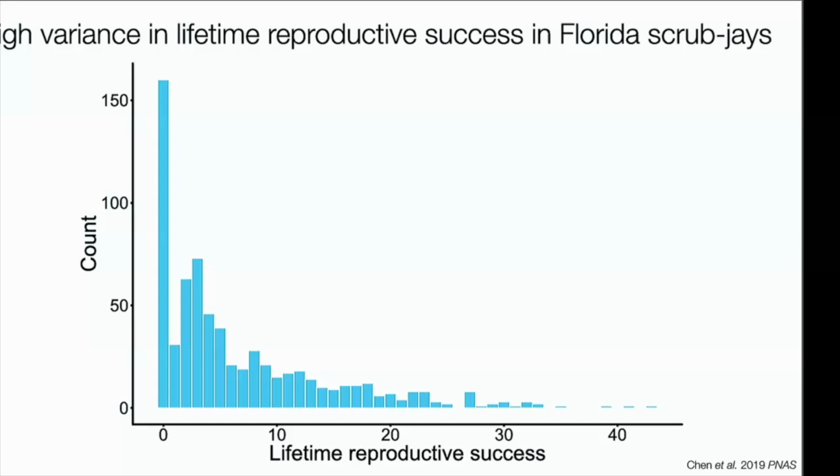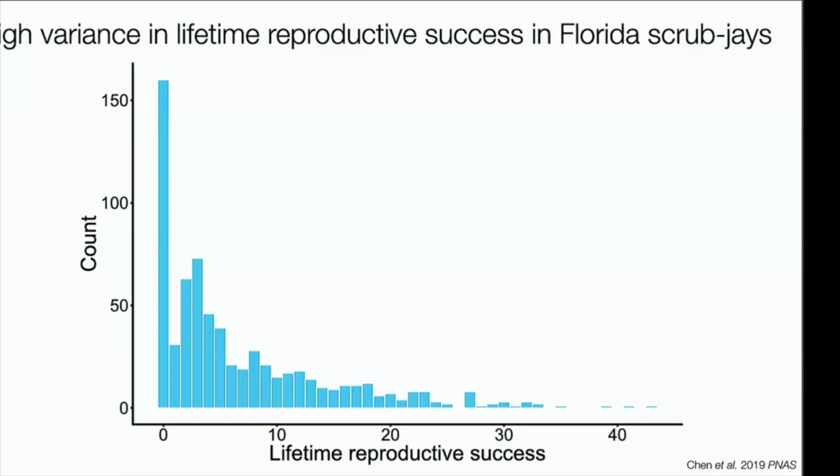Here I'm showing lifetime reproductive success, or the total number of nestlings produced in an individual's lifetime, for about 1,000 individuals who've completed their lifetimes. You can see most individuals don't successfully produce any offspring, but some produce more than 40.